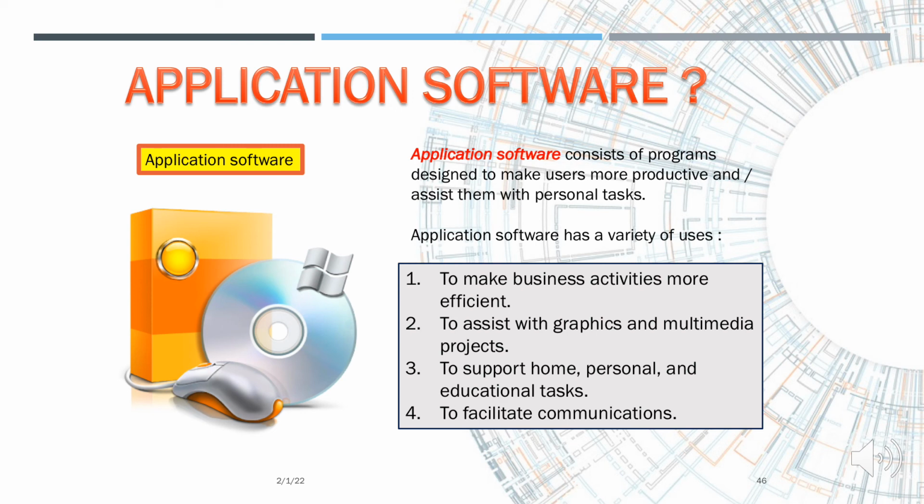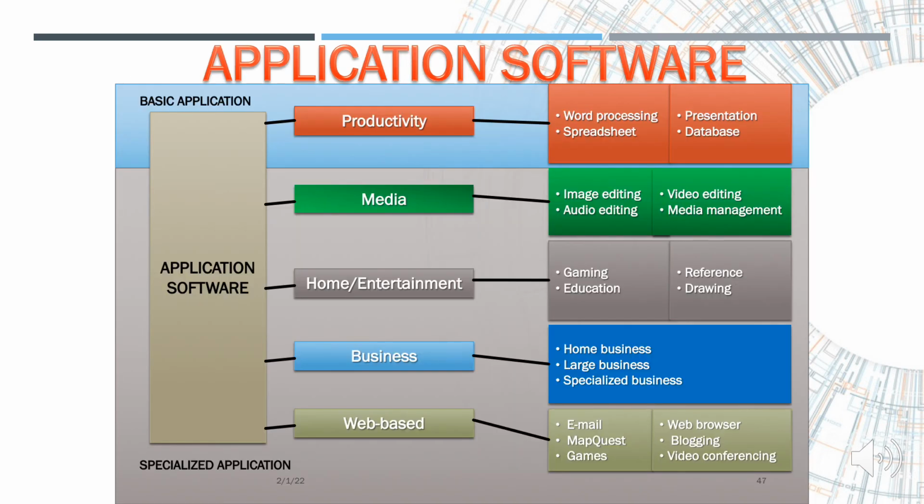So I divide the application software into several categories, which are productivity, media, home, business, and web based. For ICT skills, we focus on productivity software and also media software because you learn about the fundamentals of multimedia.